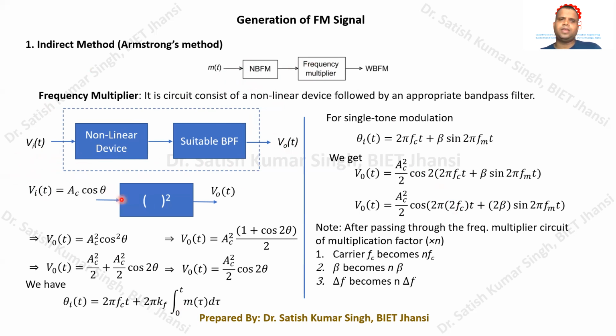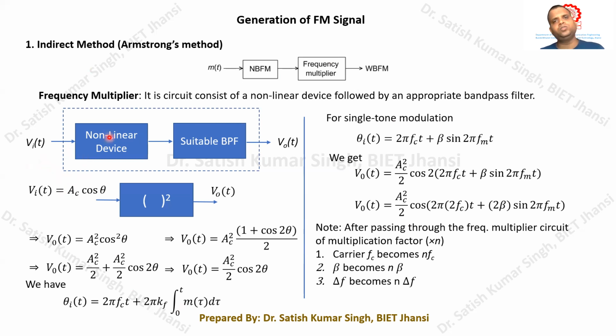Similarly, this input FM signal had a modulation index beta, and its frequency deviation was delta f, because beta is defined as delta f divided by fm. So its modulation index was beta and its frequency deviation was delta f.